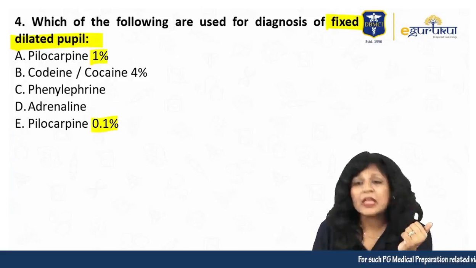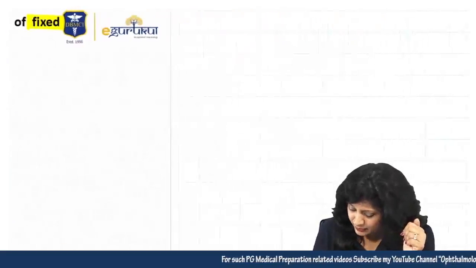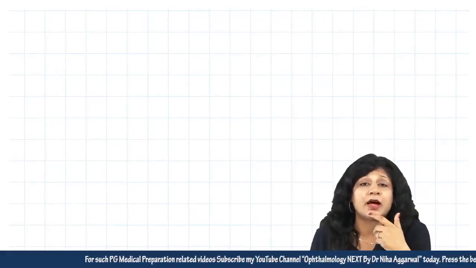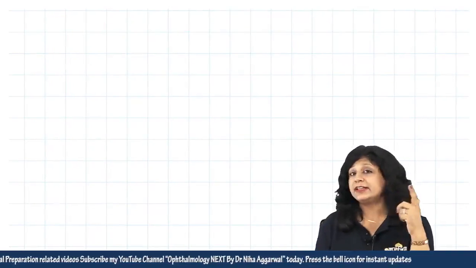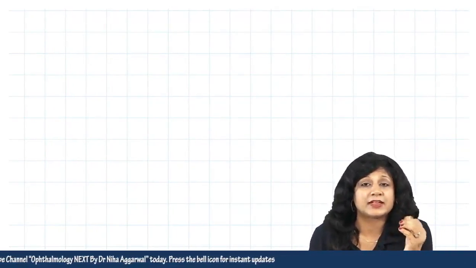So let's discuss that chart and then we will come back, because I am more interested in telling you the details of anisocoria and how to go about it, since it is an important topic and I am expecting one question from there.